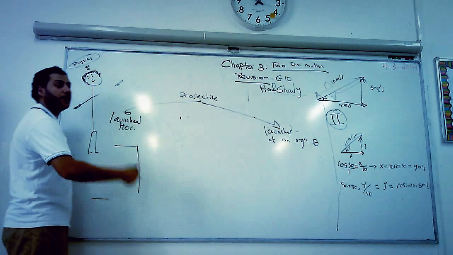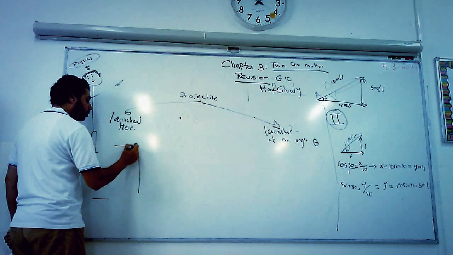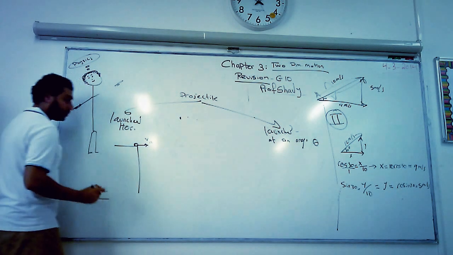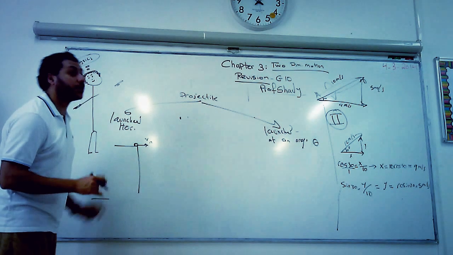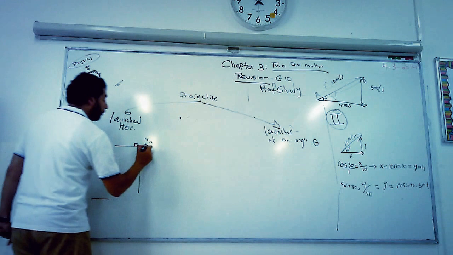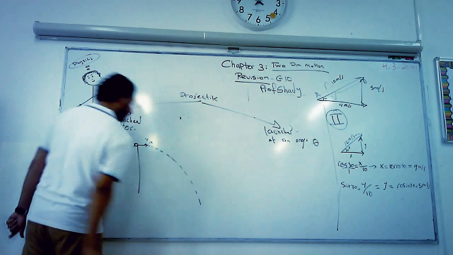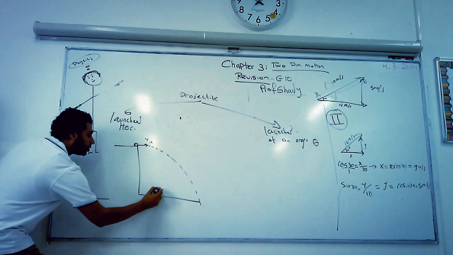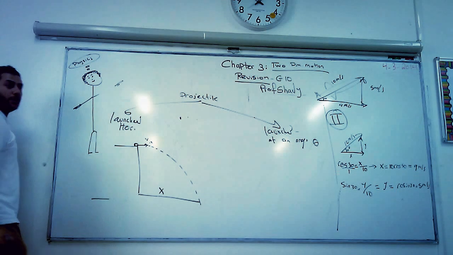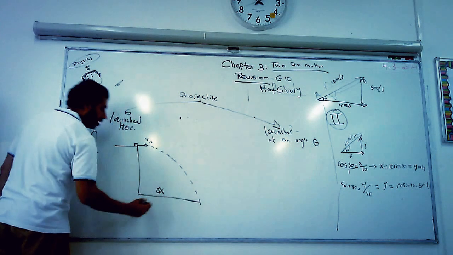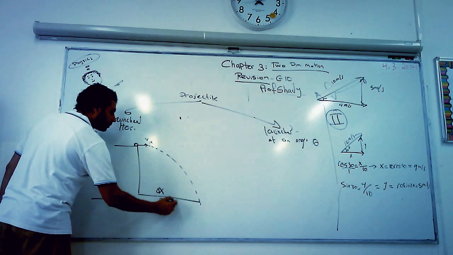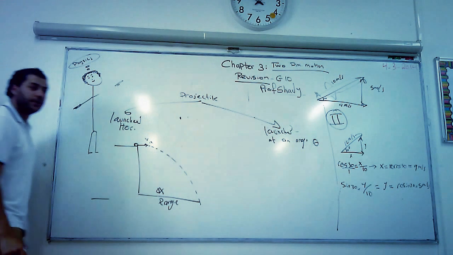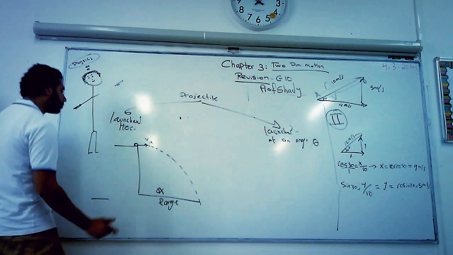I call the horizontal one the rolling falling model. If you have something rolling or moving with a certain VIX, and you just have a VIX here because the object is moving horizontally, then it will fall down like that, making a projectile. This part is called delta X, which is the range: how far it fell from the edge of the bridge.